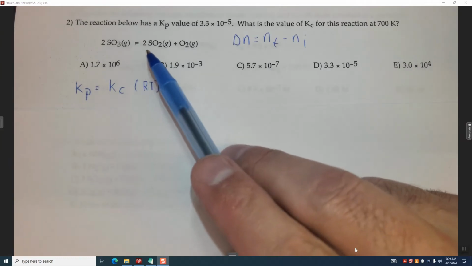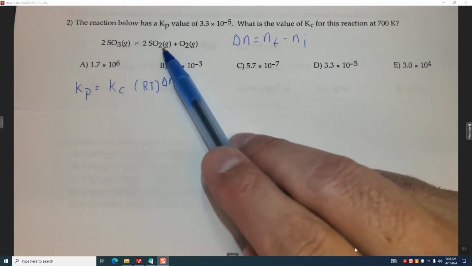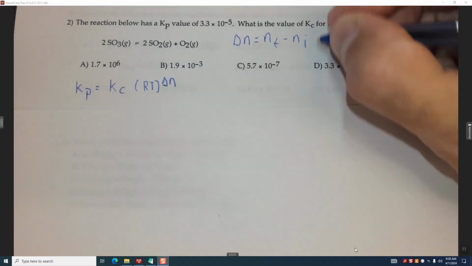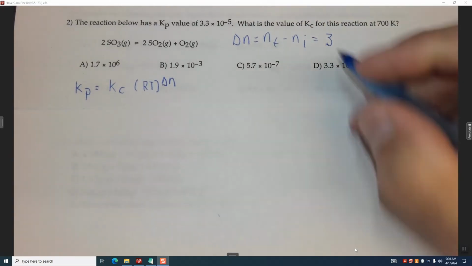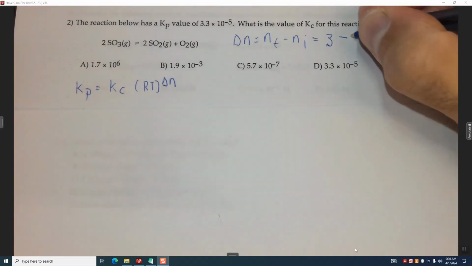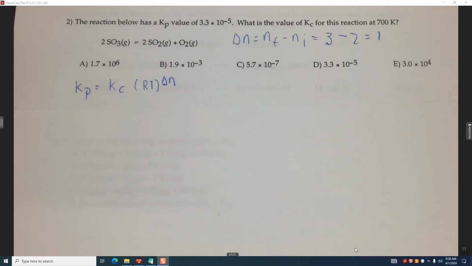So let's take a look here. The final state, or the products state, we have 2 moles of SO2 and 1 mole of O2 for a total of 2 plus 1, which is 3 moles of gas. So it's going to be 3 minus, on the reactant side we have 2 SO3 and that's it, so 2 moles of gas, which equals 1 mole of gas, which is changing.